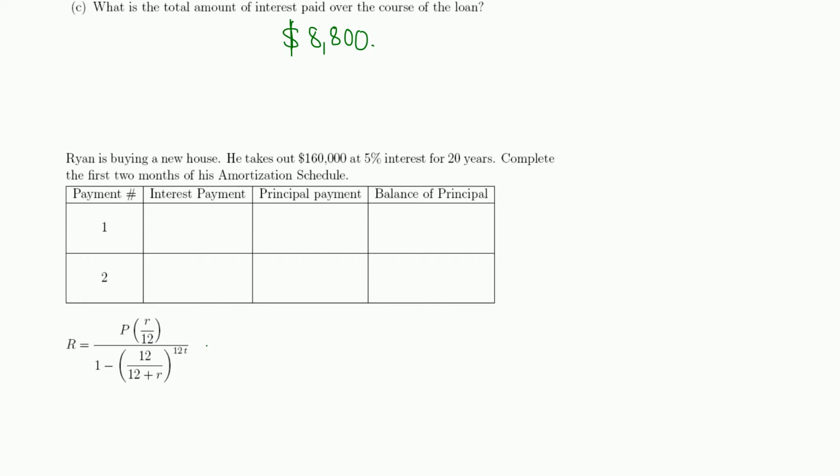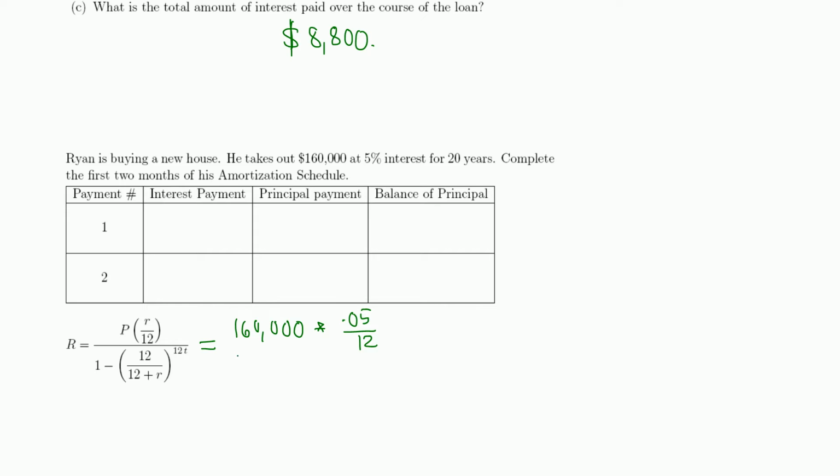Let's find the monthly payments, which are equal. So P, that's 160,000, times R over 12. R is rate 5%, so decimal 0.05 divided by 12.